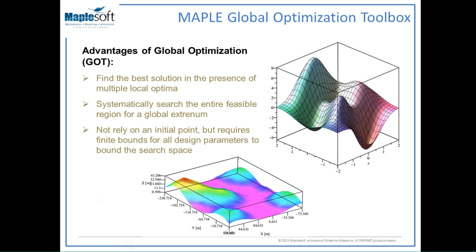The main difference is that the global optimization toolbox algorithms do not rely on an initial point, but they require finite bounds for all the design parameters in order to limit the search space.